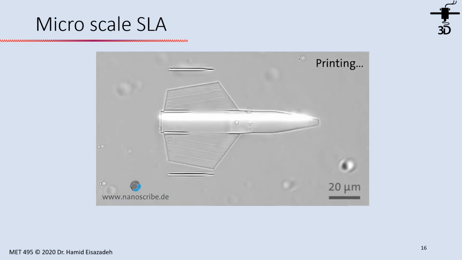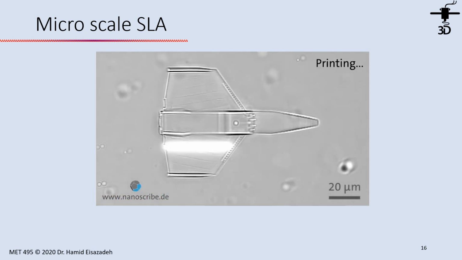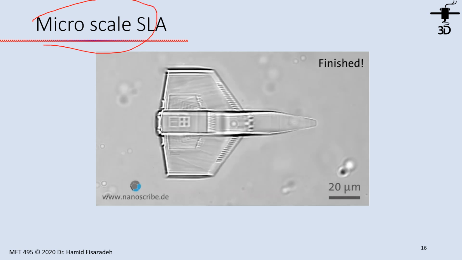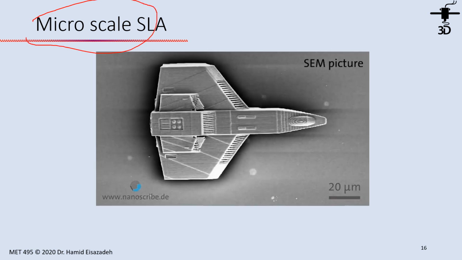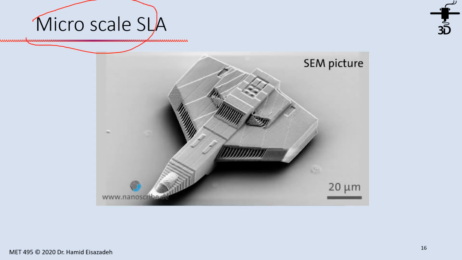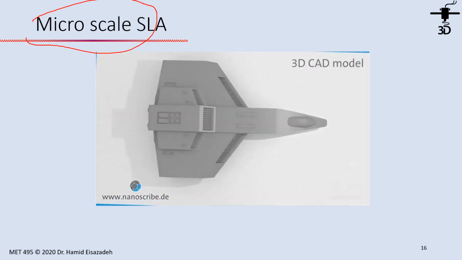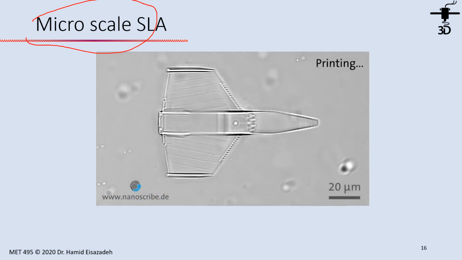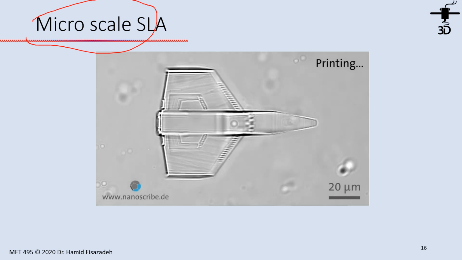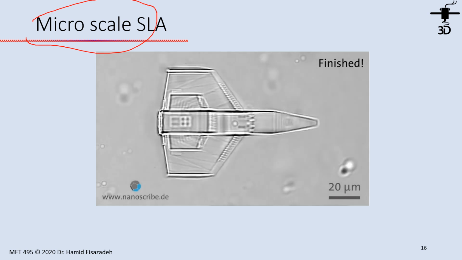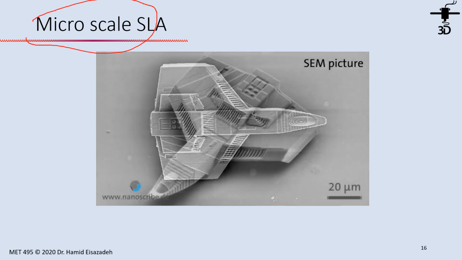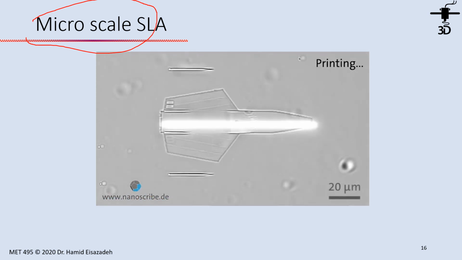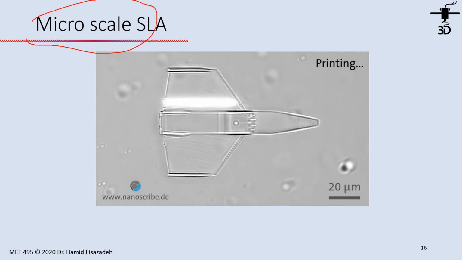SLA can span a broader range of length scale compared to the extrusion process, because we can focus light down to very fine dimension. In fact, you can use derivatives of SLA AM to make structures smaller than visible wavelengths.